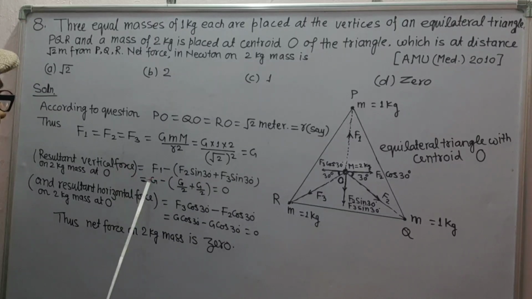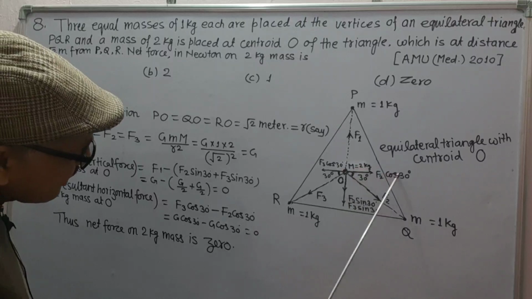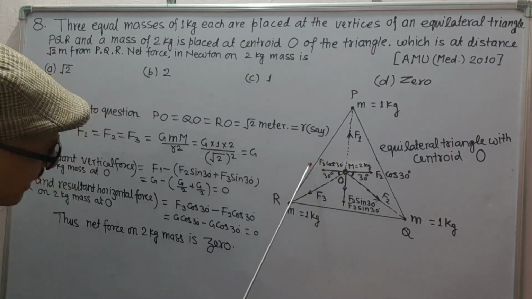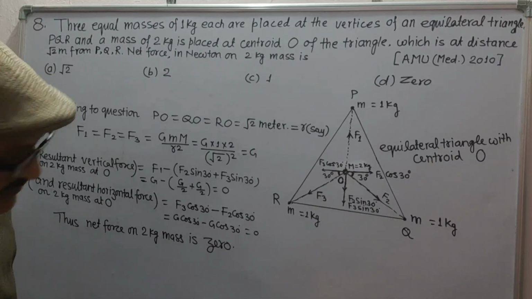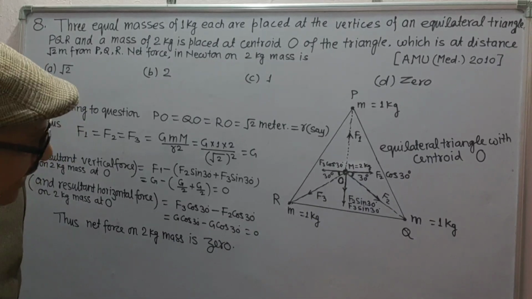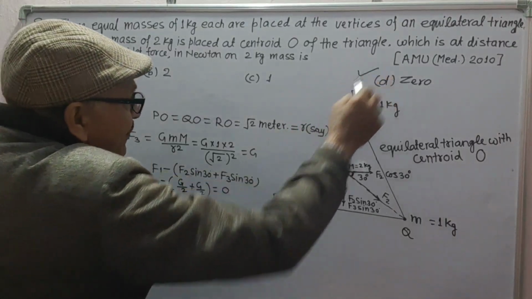So vertical component will be 0. Similarly, the resultant horizontal force on 2 kg mass will be F2 cos 30 minus F3 cos 30, which is again 0. So the resultant force on mass 2 kg at centroid O will be 0. So the correct option will be D.